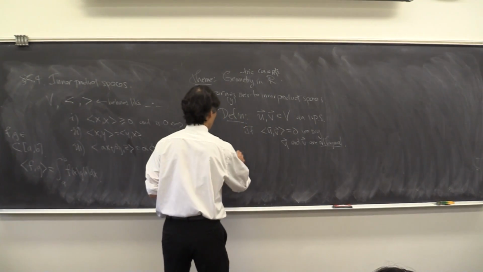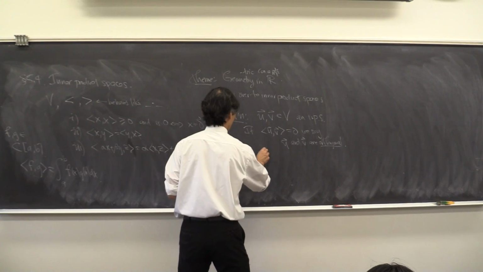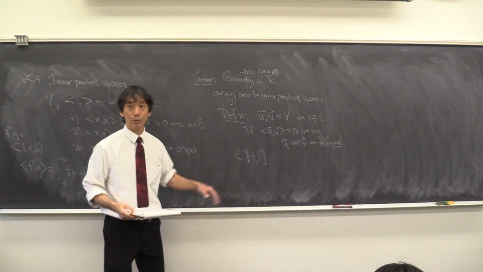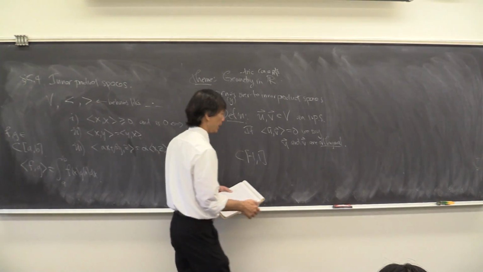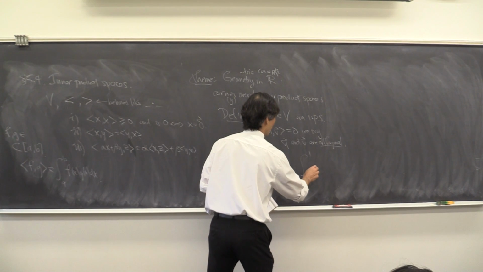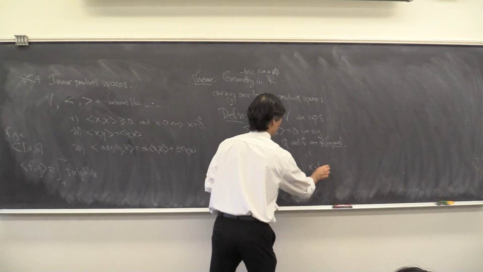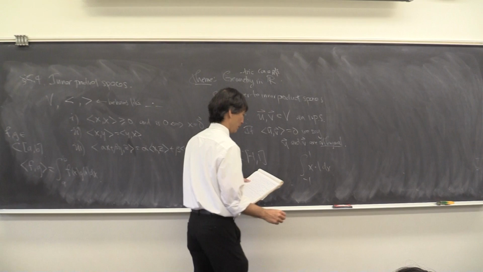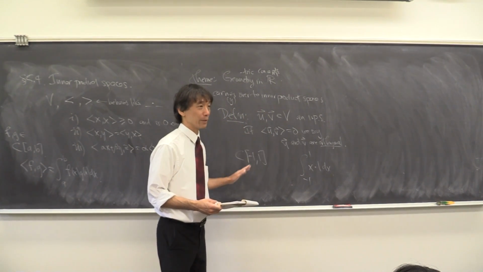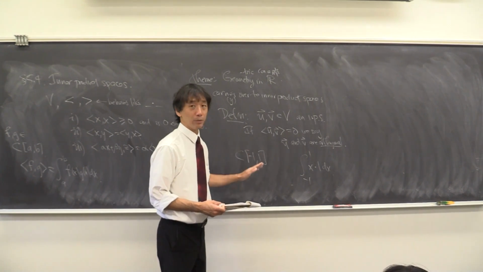Okay, so here's an example. If we're looking at continuous functions on [-1, 1], and we look at the integral from -1 to 1 of x times 1 dx, we're just integrating the function x from -1 to 1. Well, that's 0.